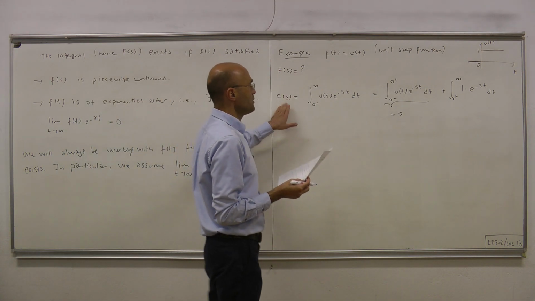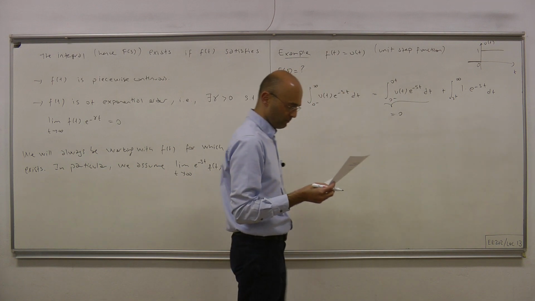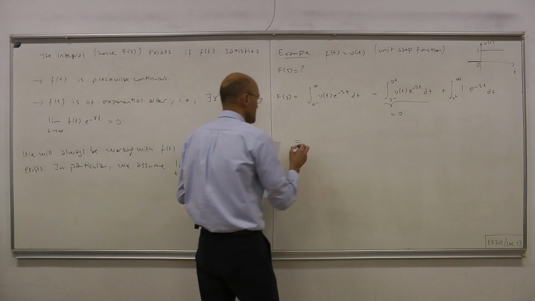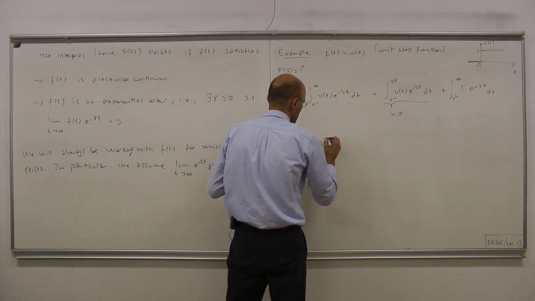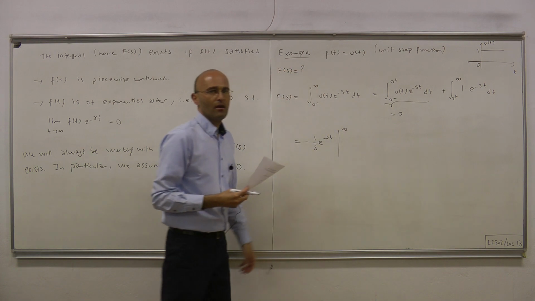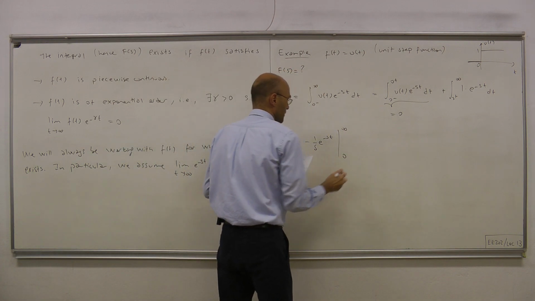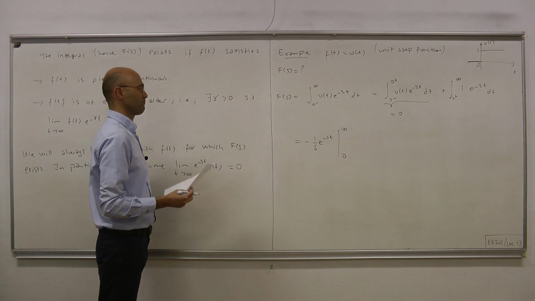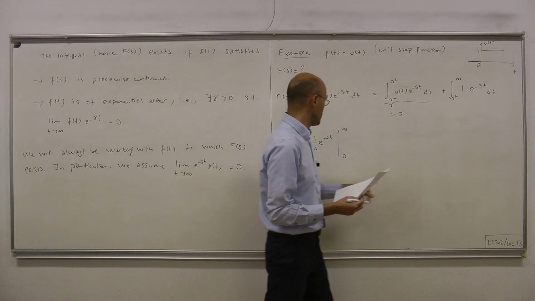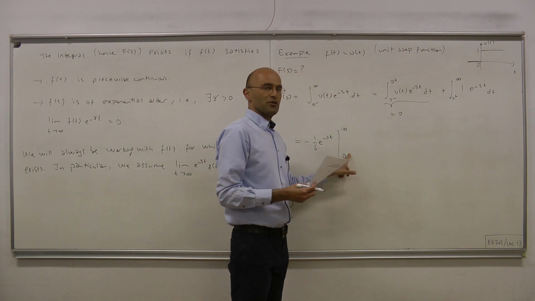Then F of s should equal the second piece, which can easily be computed. What we have is minus 1 over s e to the minus st evaluated from 0 to infinity. And now, since this is a continuous function, we don't have to worry about whether this is plus or minus.